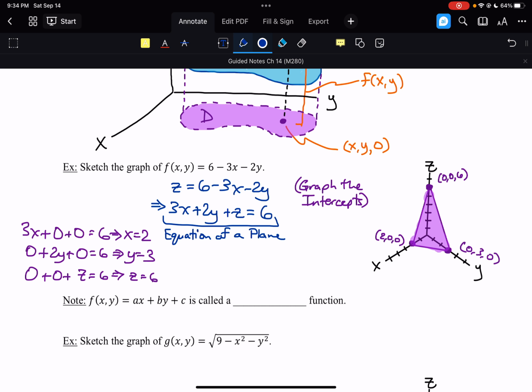So a plane, when we look at graphing planar functions in 3D that have this form, like this example, we have f of xy is ax plus by plus c. These functions, when it comes to surfaces, are considered to be linear functions. Now, we saw in previous sections that there is plenty of difference between planes and lines.